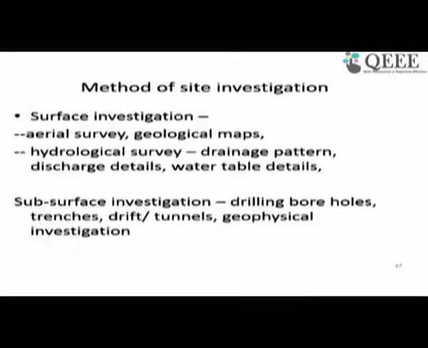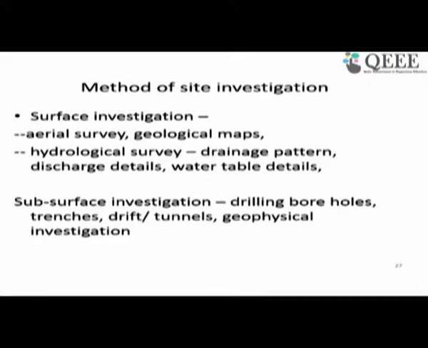Now, we just understood the various background related to investigation, then we just saw the various aspects of the investigation, what exactly are the steps to be followed. Now, what method we adopt for this site investigation we will discuss. There are two approaches.